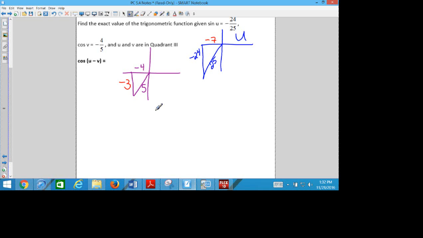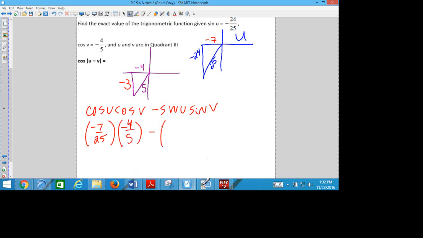Right, so the formula is, what is it? Cosine u cosine v, so we're going to do cosine of the triangle that has u. So the cosine of this triangle is negative 7/25, and then the cosine of v is negative 4/5.